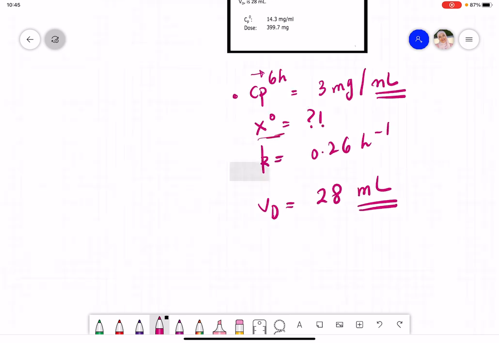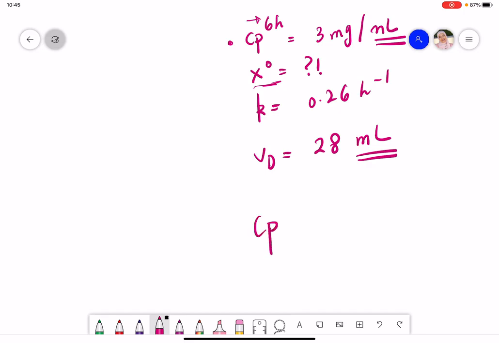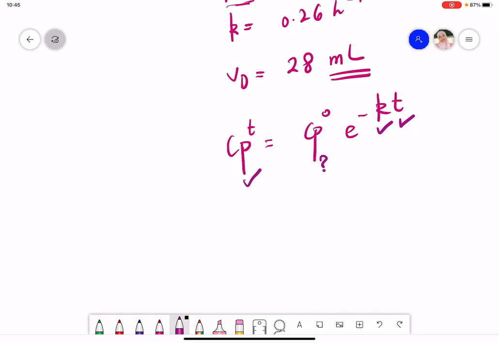Again, if you put the equation that you have at certain time equals CB node e to the minus K with time, okay? We have this, we have this, we don't have this, and we have this, okay? So as we know that the CB node equals X node over VD, and we have this.